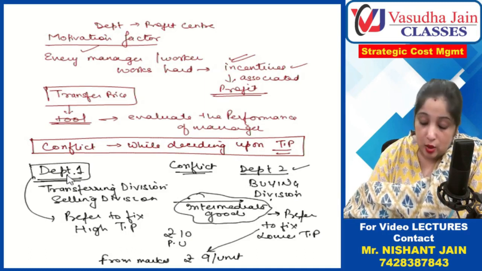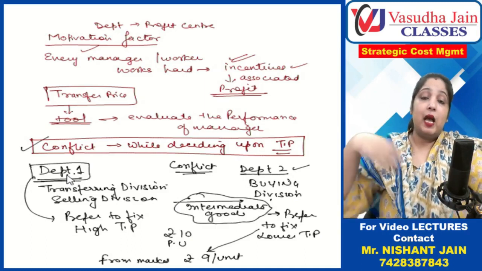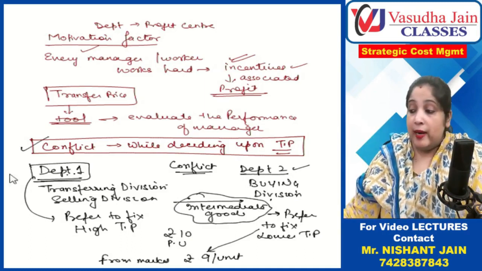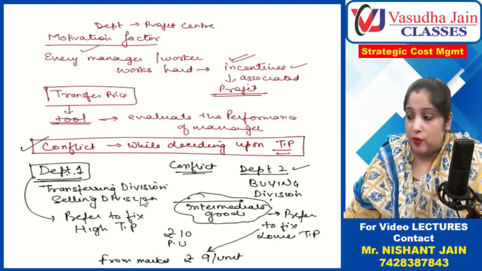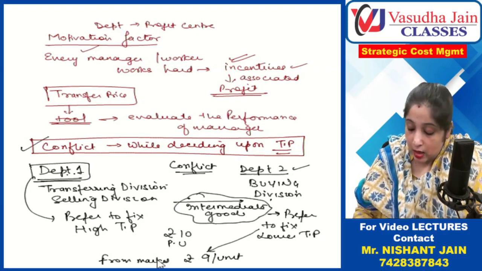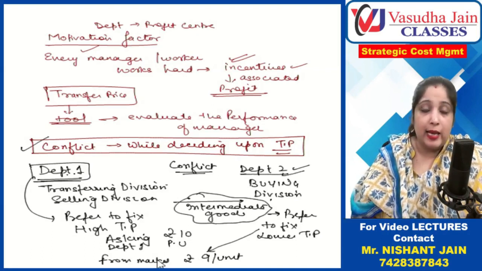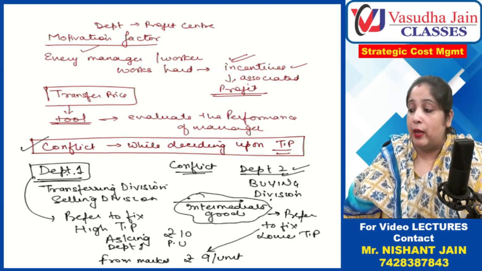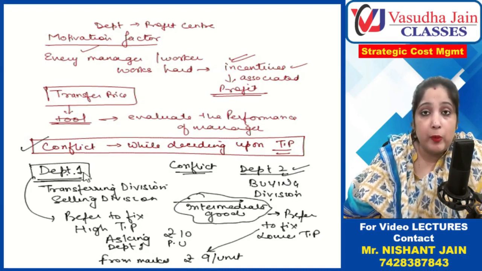I'm discussing this word, conflict. What is the conflict when they are fixing up a transfer price? The conflict is department 1 wants to put up a high transfer price, but department 2 is saying that I can buy the similar product from the outside market at 9 rupees. So department 2 will be discouraged to buy from department 1.